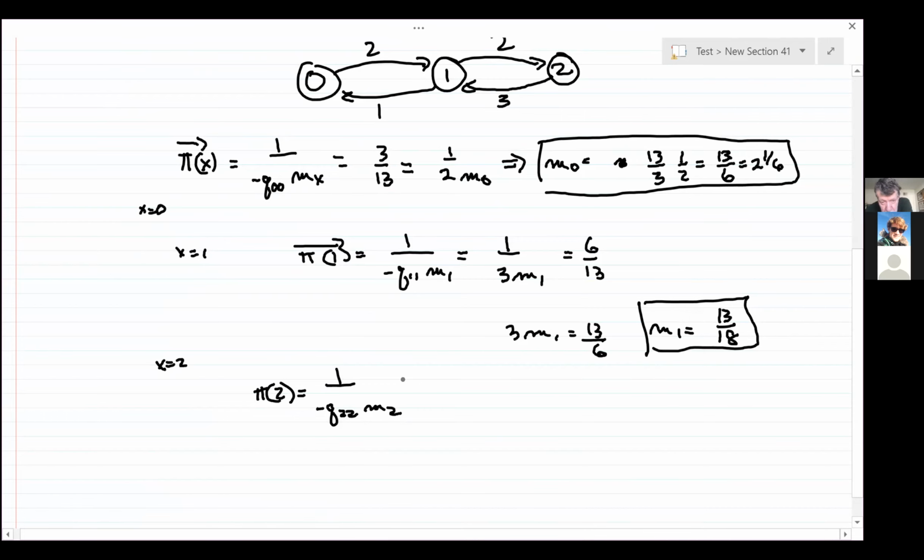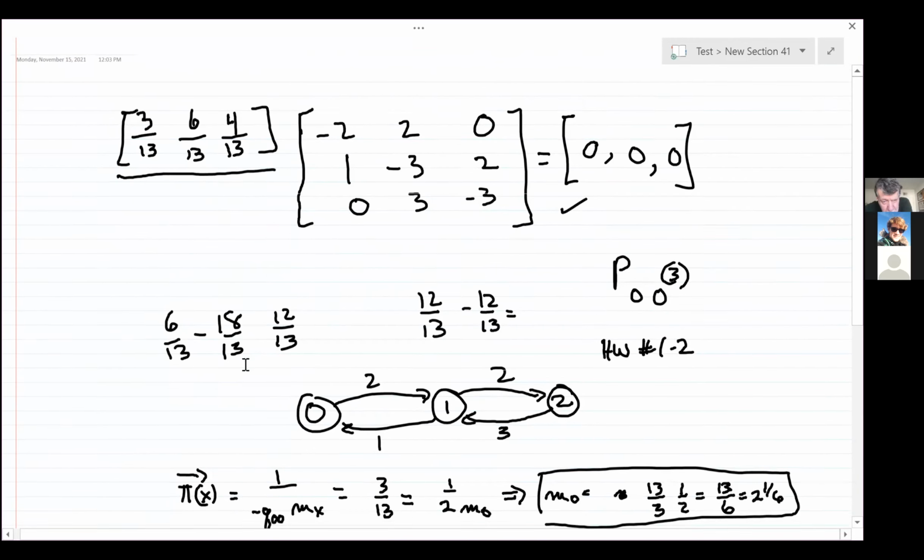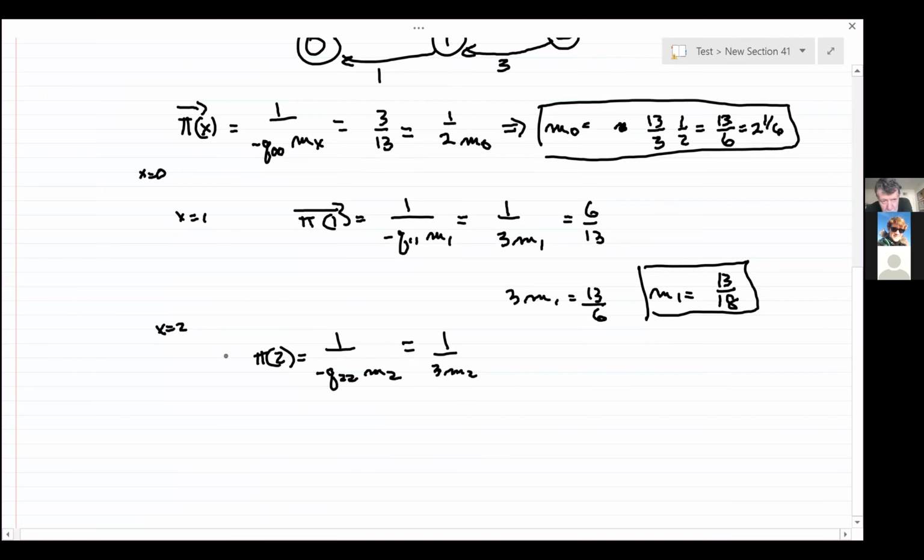So this would become 1 over 3 m2. But pi 2 was something we already calculated, and that was 4/13 up here. And so if you want to flip this over, that's 13 over 4. That's equal to what you get when you flip this over, 3m2. So what does it all imply? Divided by 3, 13 over 3 times 4 is 13 over 12. A little bit bigger than 1 is the average time it takes to go from 2 back to 2.